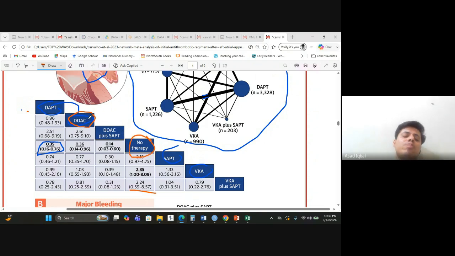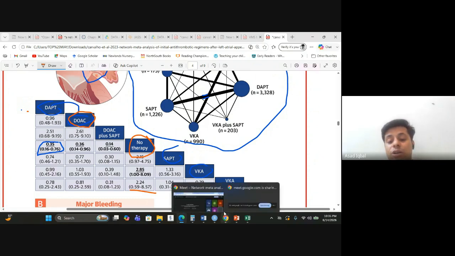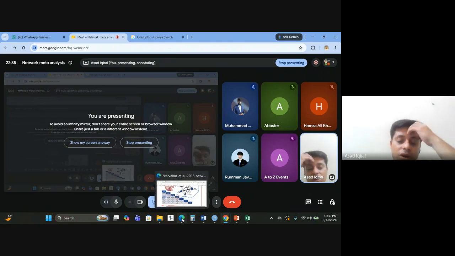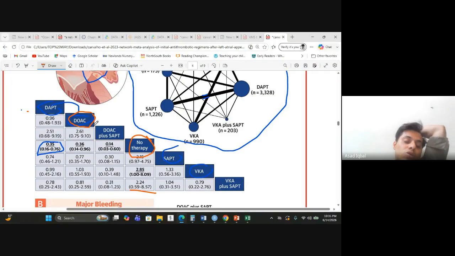I mean, if you treat a patient with DOAC or no therapy at all, what will be the device-related thrombosis effect? What should I do? How can I read this league table to know how these treatments are related? How should I read it?